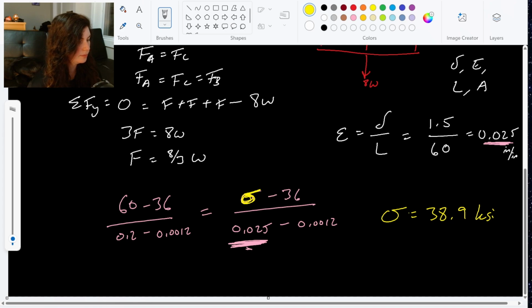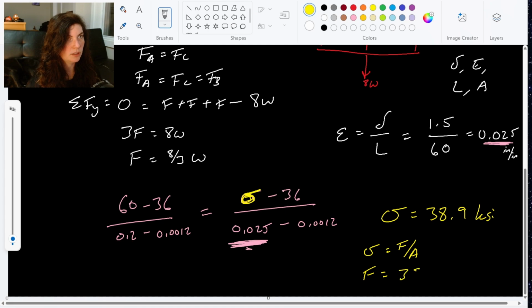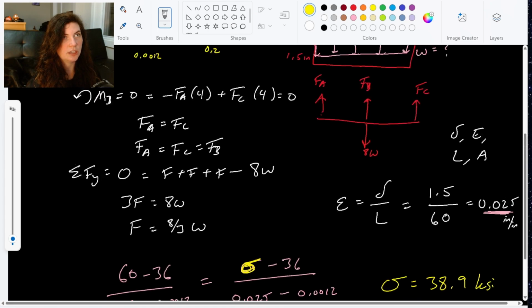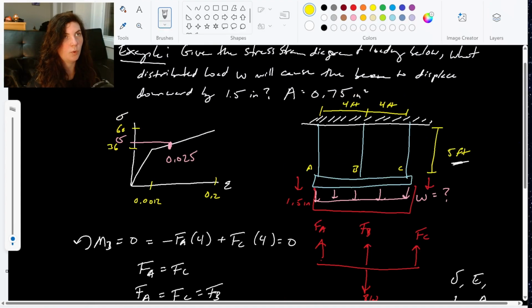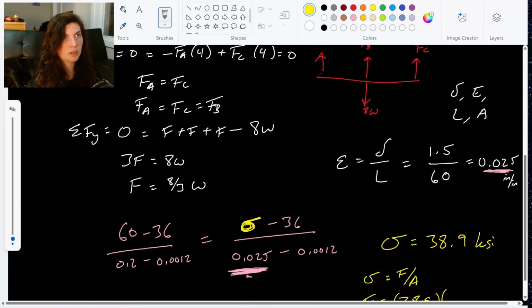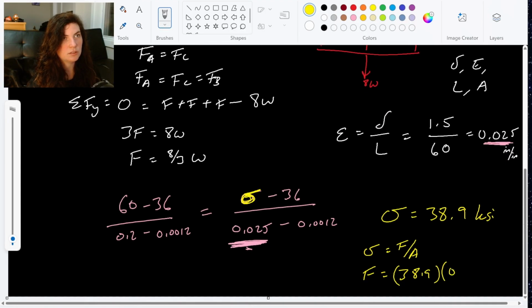And then of course I can say, all right, my stress is force over area, which means that my force needed is going to be 38.9 times the cross-sectional area it gave me, which was 0.75.